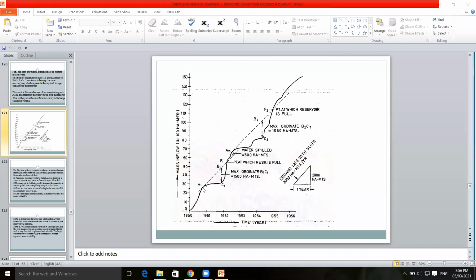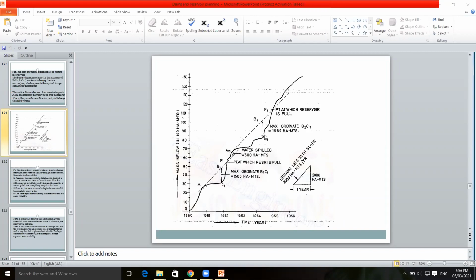From A1 to C1 the water is reduced, the reservoir storage is reduced. Then with the ordinate B1 C1 of 1500 hectare meters the water increases up to F1, where it is full. From F1 to A2 water is spilled, passed over the spillway, for 600 hectare meters. After passing over the spillway, from A2 to C2 the water storage is reduced again.